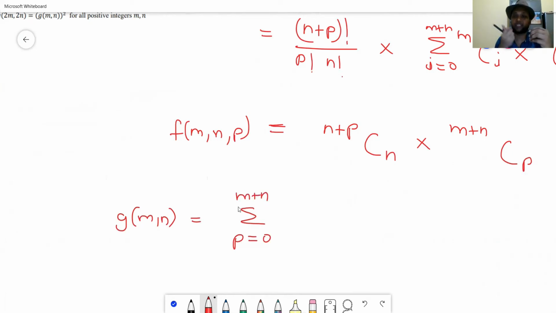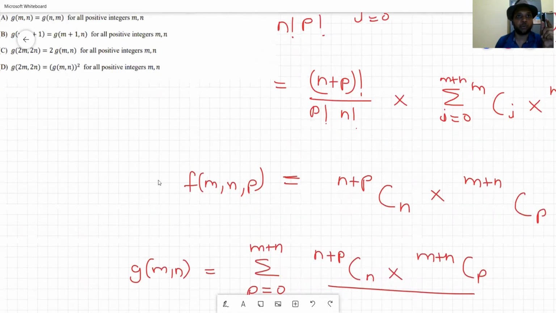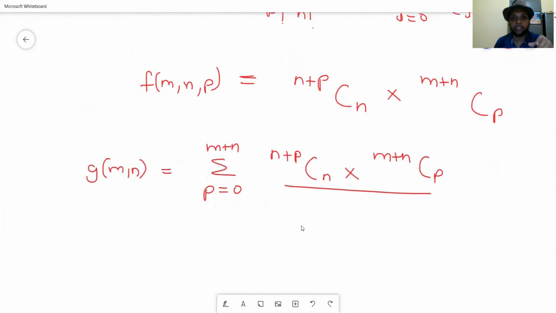Here the term which is varying is p. And f of m comma n comma p is nothing but m plus p Cn multiplied by m plus n Cp, and I guess there was something in the denominator. Yeah, n plus p Cp.